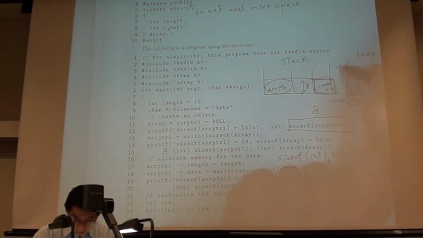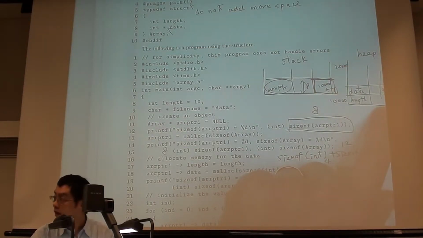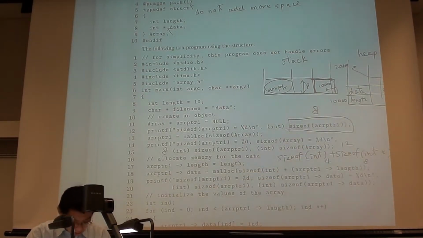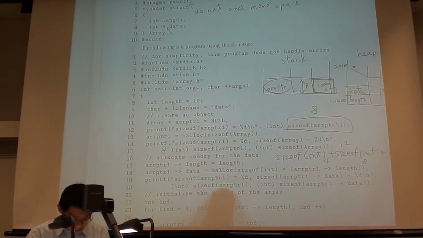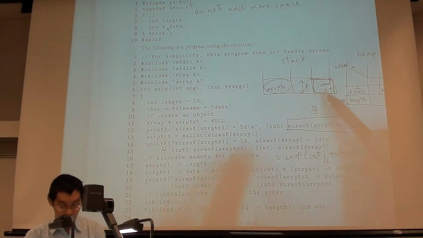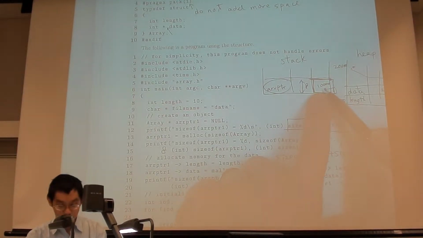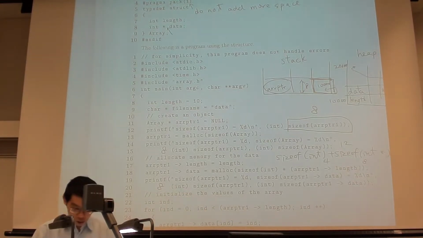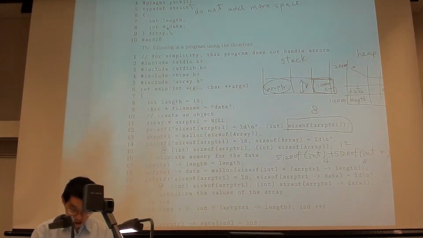So I have 20,000. That points here. And I still need 8 bytes for this pointer, right? I'm changing the value, I'm not changing the size. Therefore, this is still 8. What's the size of data? Data is a pointer, therefore it is 8.